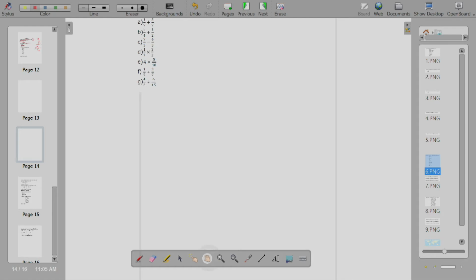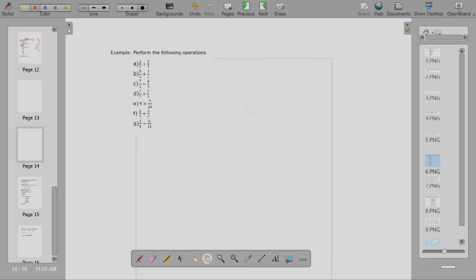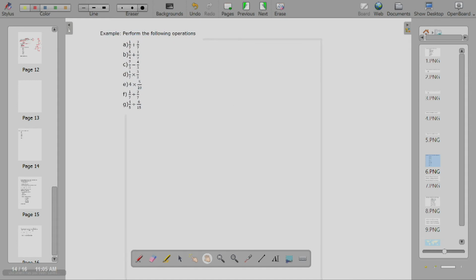So we were given these examples, and we are required to perform the following operations. Let's start with Roman A. We are required to add 1 over 7 and 3 over 7.